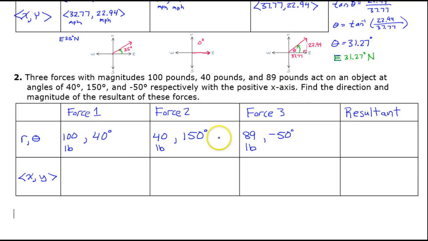So I can use these angles directly. I don't have to convert them to anything else, because when we do r comma theta and we write the directions on this chart, we want directions as measured from the positive x-axis. So this is perfect.